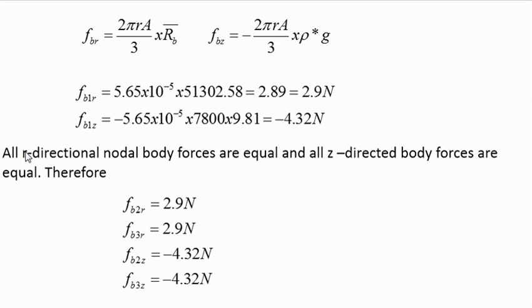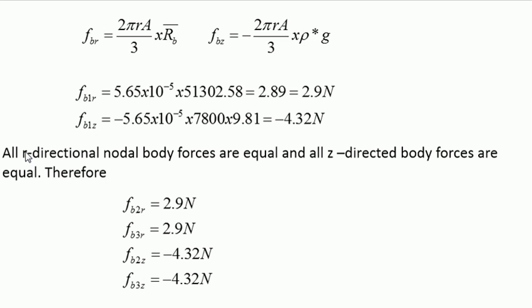We have to understand here the body force in r direction is the same for all the nodes, and similarly the body force in z direction is also equal in all the nodes.